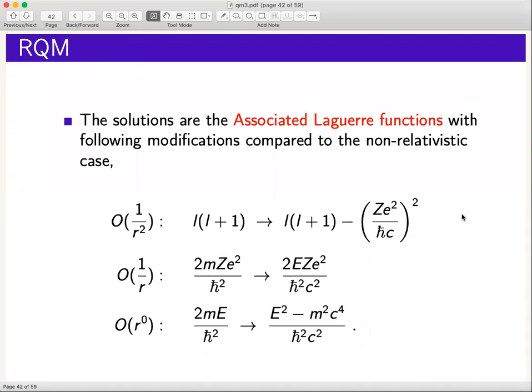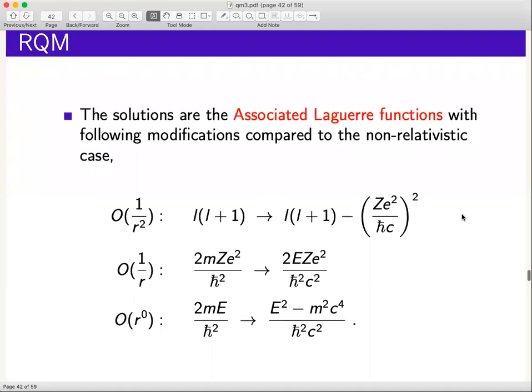It is precisely what was used in the non-relativistic problem, and the solution for the relativistic problem also would be written in terms of the same set of functions. The only difference would be the following: if you look at terms which are order 1 over r squared in the equation, then those terms in the non-relativistic case were L into L plus 1, but in the relativistic case it is L into L plus 1 minus Z squared e squared upon h bar c whole squared.